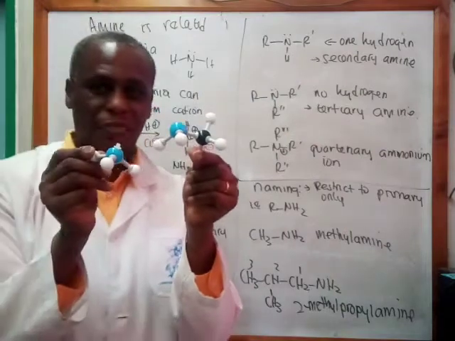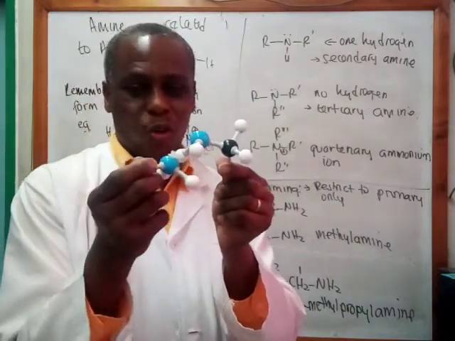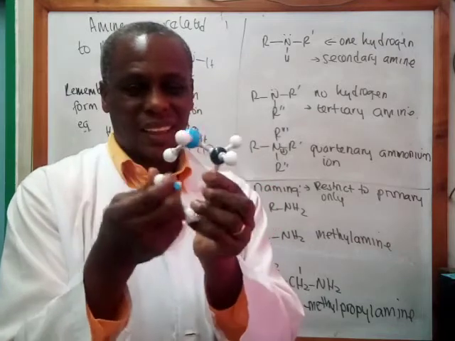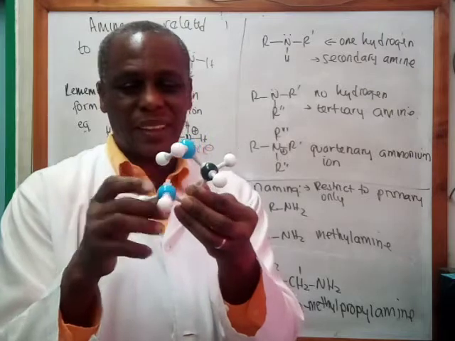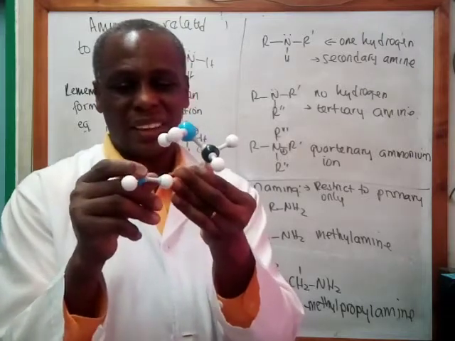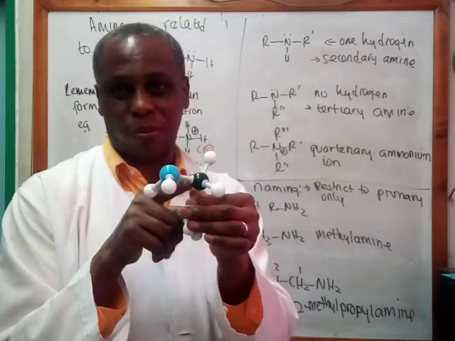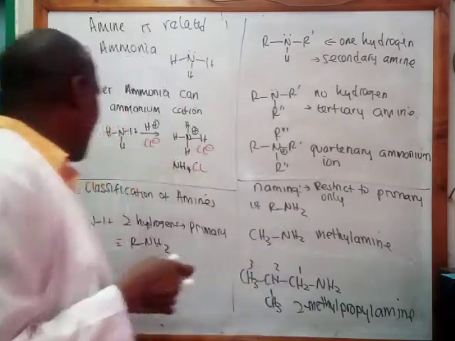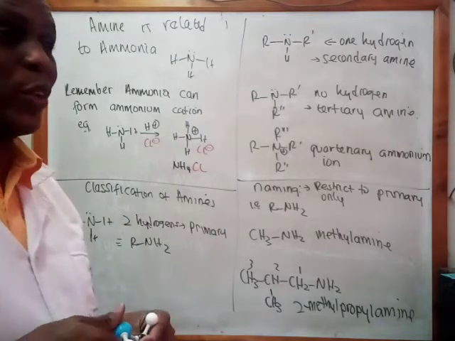Perhaps if I move a little bit further, you'll be able to see here. What you can see is that the two hydrogens are there, but in one case, one of the hydrogens has been replaced with a methyl group or an alkyl group.